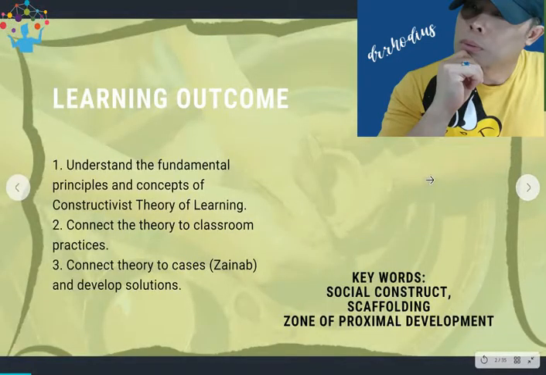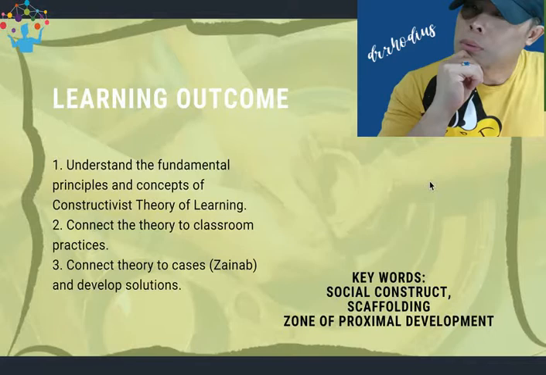For our module's learning outcomes, the first is to understand the fundamental principles and concepts of constructivist theory of learning. The second is to connect the theory to classroom practices.